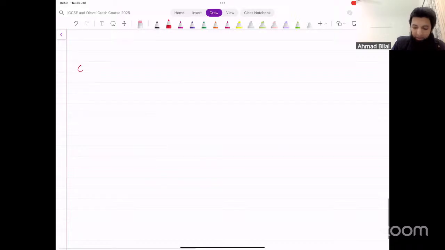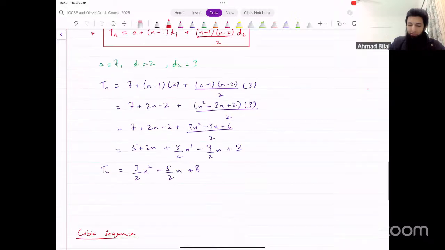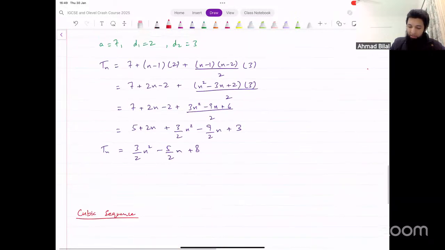Another possibility that has not been tested in past papers until now, but it's part of your syllabus, is a cubic sequence. Now, why are we calling the earlier one a quadratic sequence? The nth term formula that we got had n squared in it.